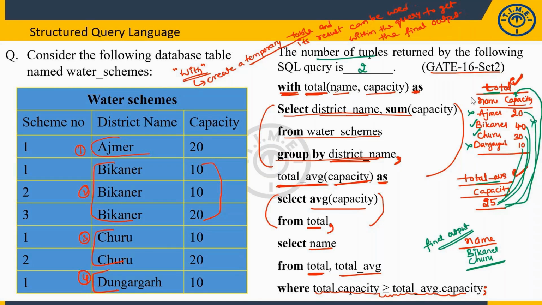Most of the queries I wrote using the WITH clause, because most of the questions I saw were complex questions, and writing a single query is difficult. So I broke down the question into subparts, created some temporary tables, and used those temporary tables to find the detailed answer. So I succeeded, and most of the students got placed. I'm happy to share this information, because I helped many students and they are now in good positions.